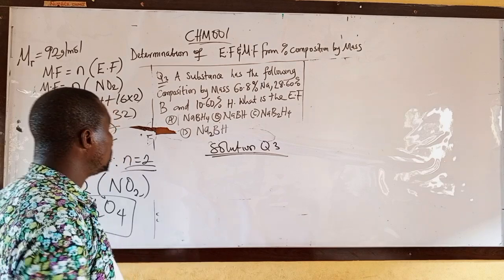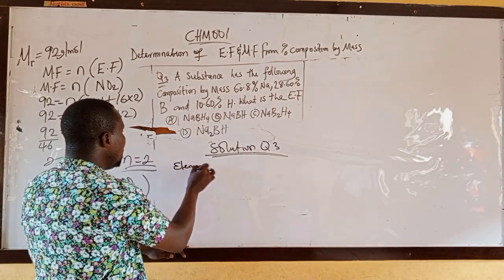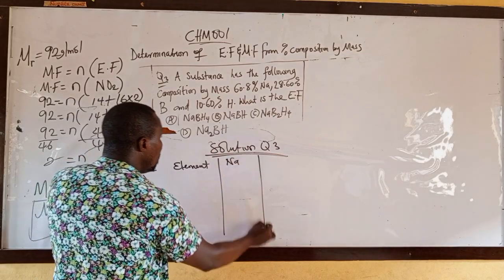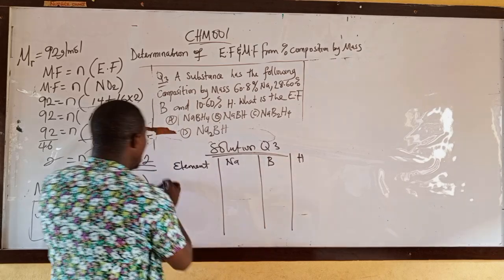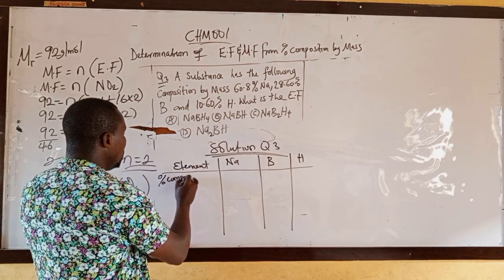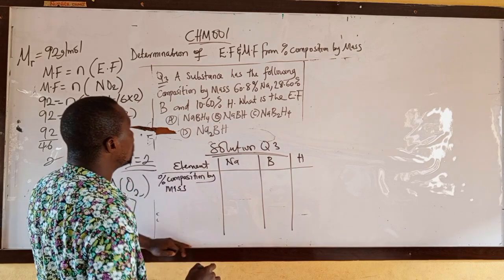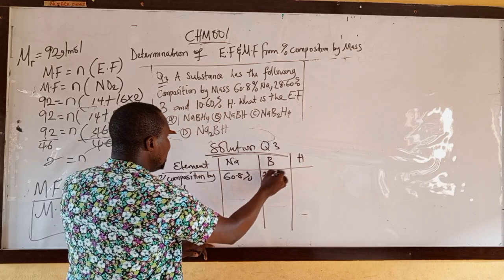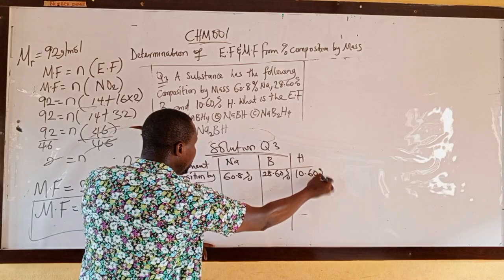We are given options. Let's look at it the same way. We have the elements: sodium, boron, and hydrogen. The percentage composition by mass of each of the atoms in the compound is given: 60.8%, 28.60%, and 10.60%.